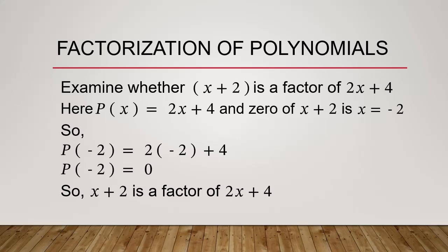That is the zero of our polynomial. Now substitute the value of x equals minus 2 in our given polynomial 2x plus 4. We get p of minus 2 equals 0. Observe that here the remainder is 0, and we know that if the remainder is 0, it means the divisor, that is x plus 2, is a factor of 2x plus 4.